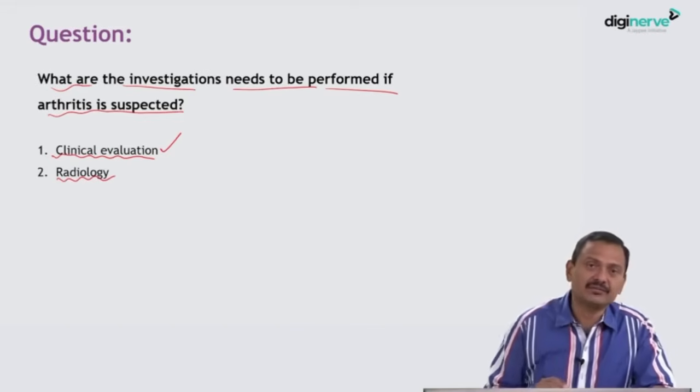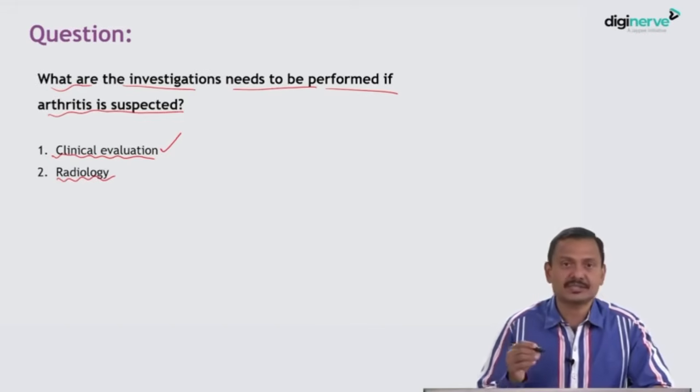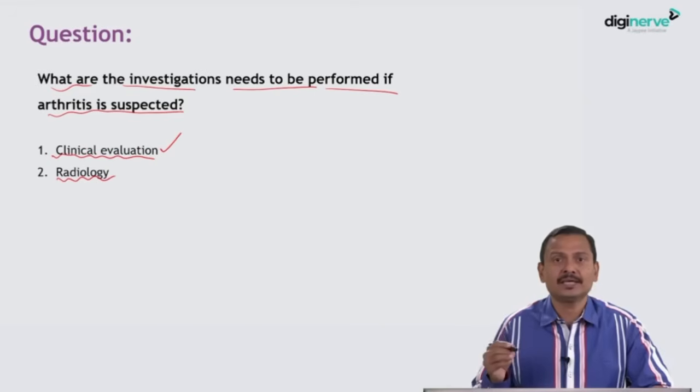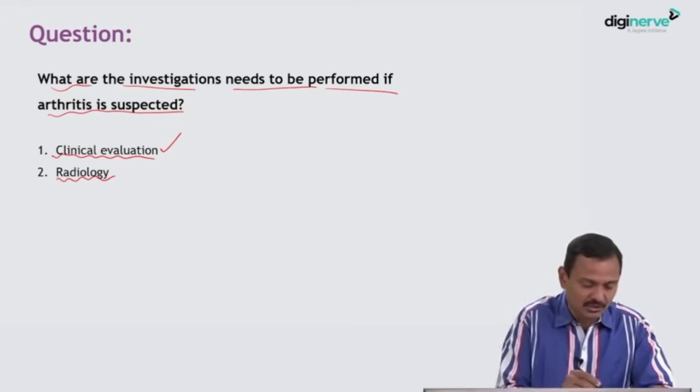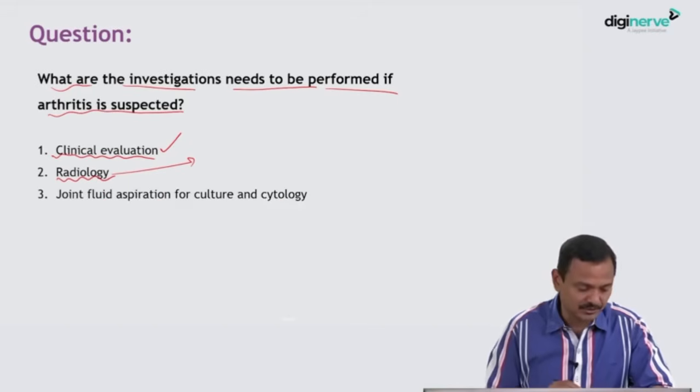Then the radiological evaluation to see whether it is just a soft tissue lesion or bone, acute or chronic, lytic or non-lytic, whether there is new bone formation, involucrum, or sequestrum. All that can be seen in radiology.